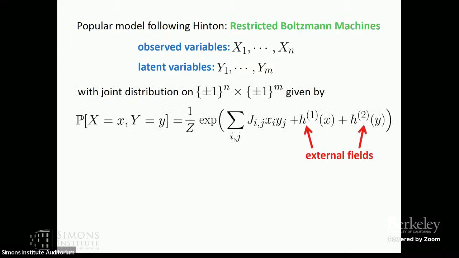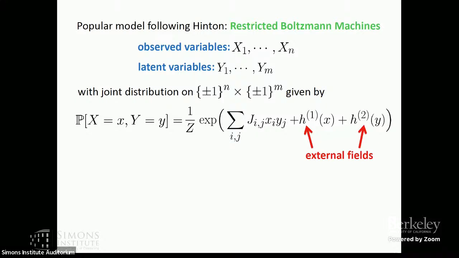And they're going to produce a joint distribution on plus minus 1 to the n cross plus minus 1 to the m. And the way that it works is that the observed variables only interact with the latent variables and vice versa. They still have the same types of external fields, but this in turn is itself an Ising model, which describes this joint distribution on x and y.